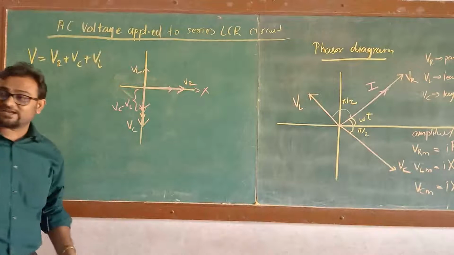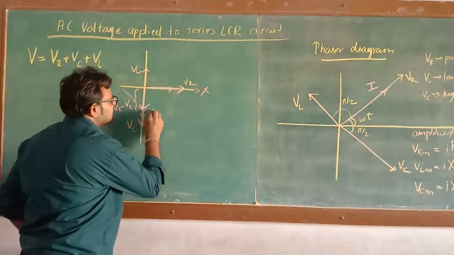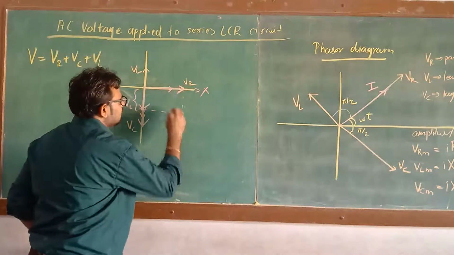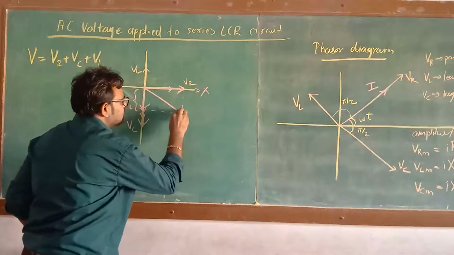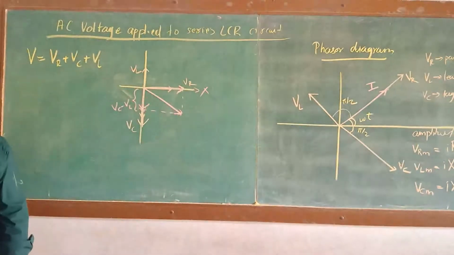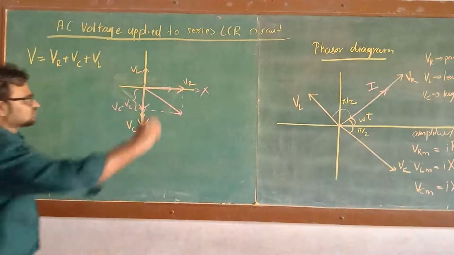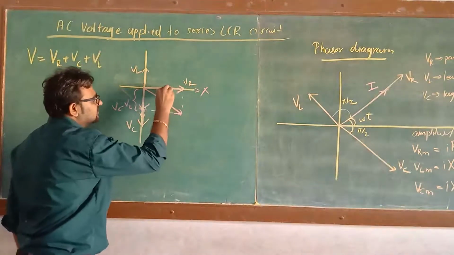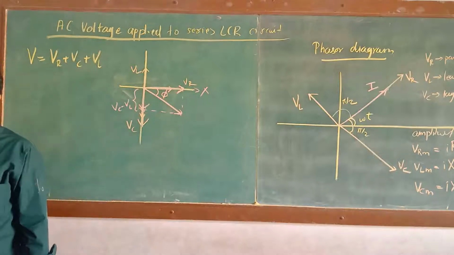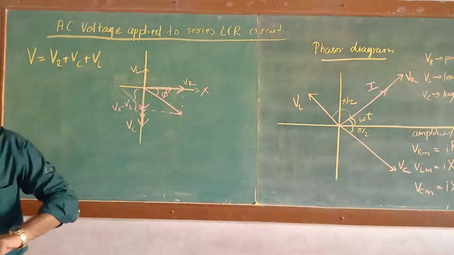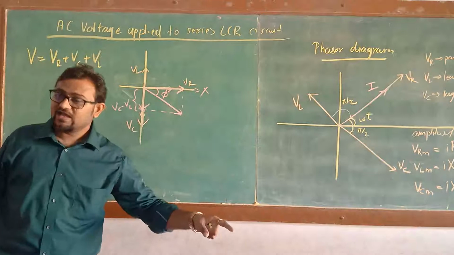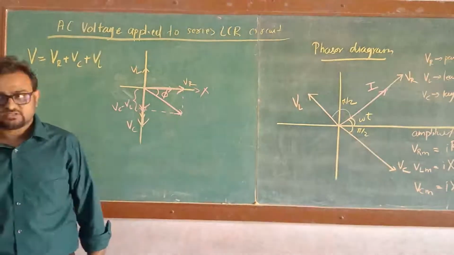So this will be the resultant voltage vector, and this will be the phase difference phi, the phase difference between the current and voltage.